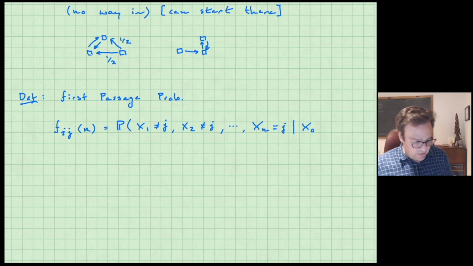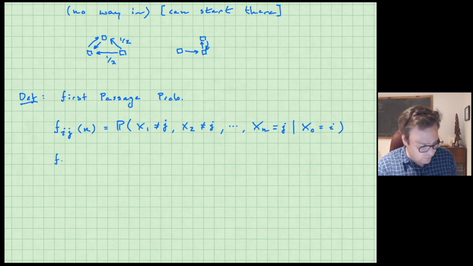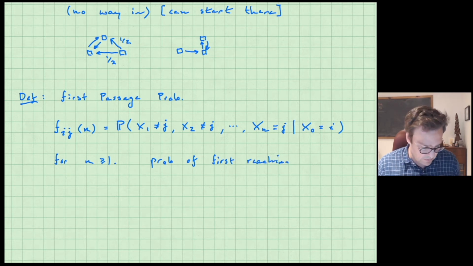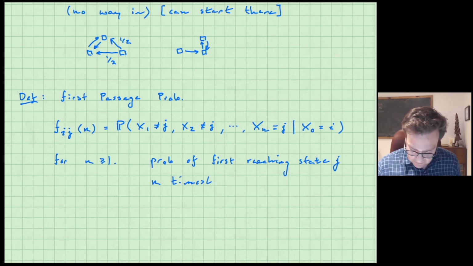So for n greater than or equal to 1, let's put it in words. This is the probability of first reaching state j after n time steps after being in state i.